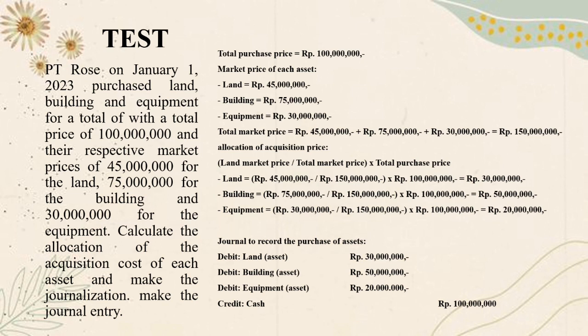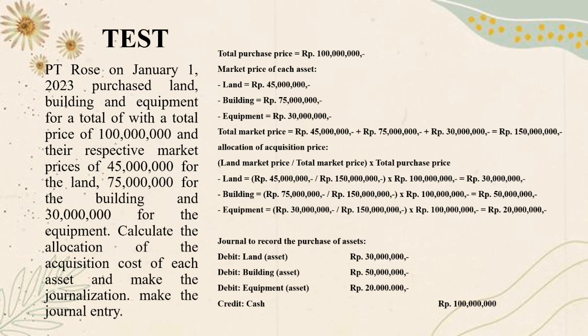Okay, and the answer is that the total purchase price is 100 million and the market prices of the assets are: land 45 million, building 75 million, equipment 30 million. So the total market price is 150 million.